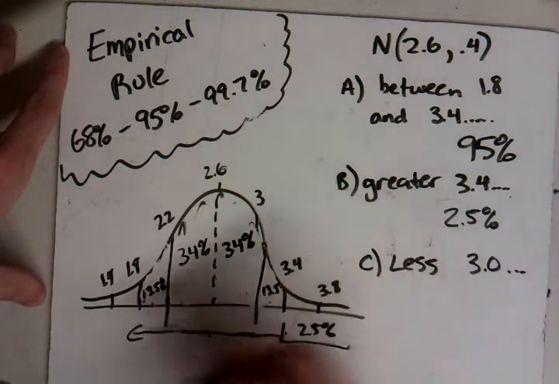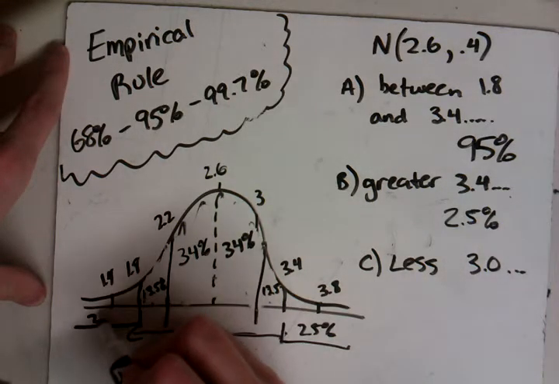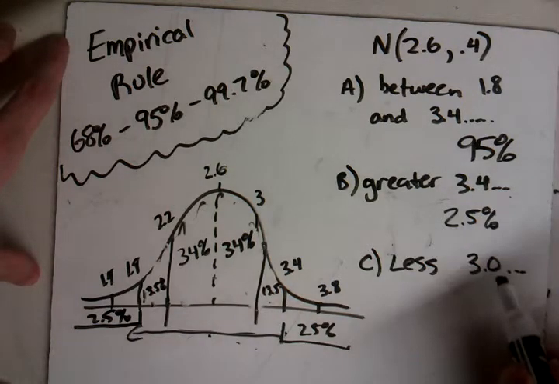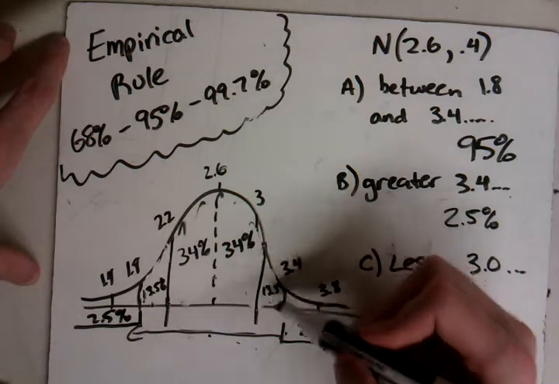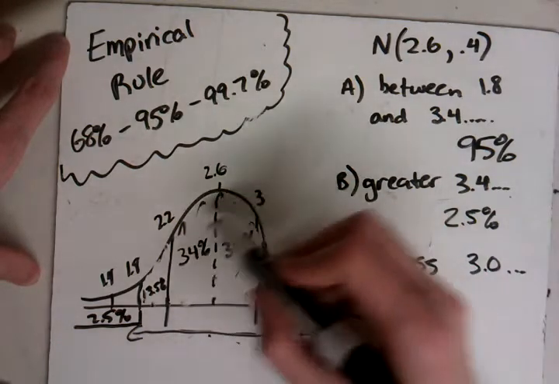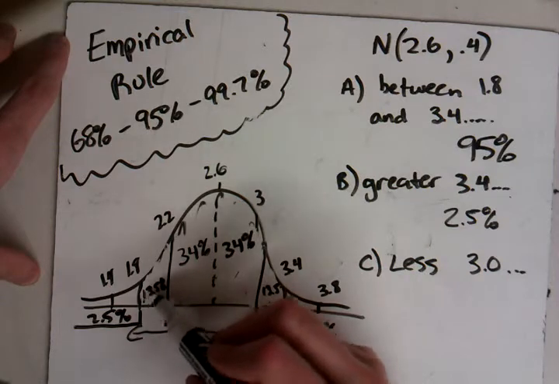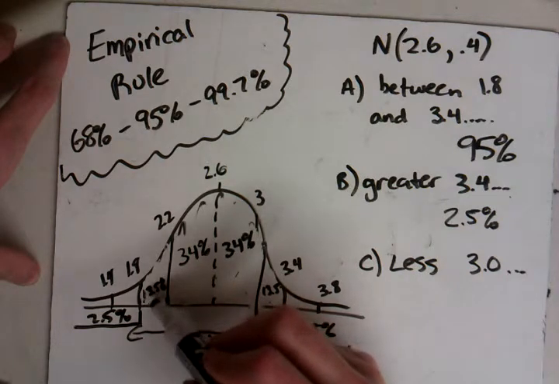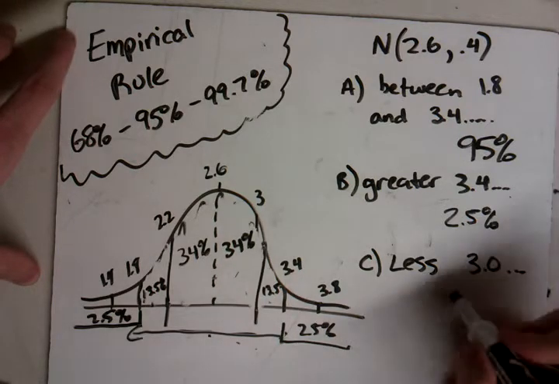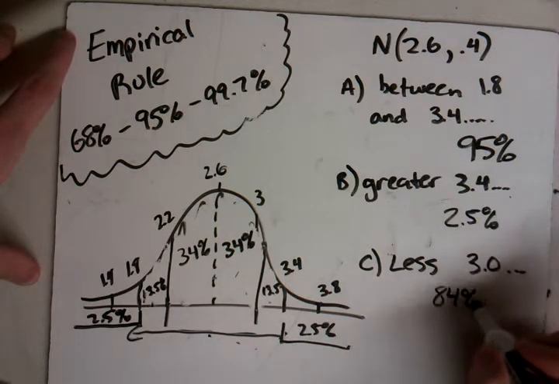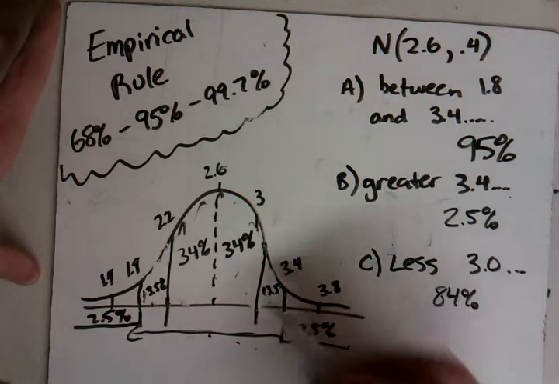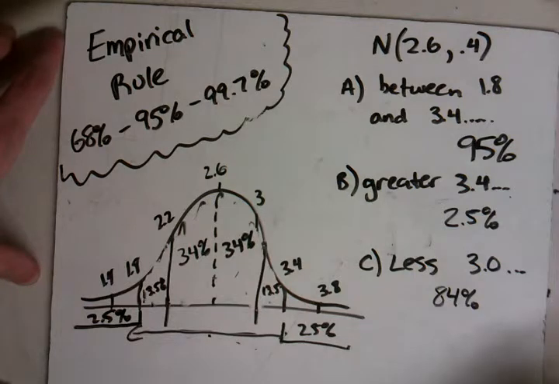So it would make sense that from here over would also be 2.5%. So I don't know, what's the chance of being less than a 3.0? Well, altogether here, this is 68 plus 13.5 would be 81.5 plus 2.5 would be 84%. So 84% of the population is below a 3.0. So you're just adding up these percentages here.